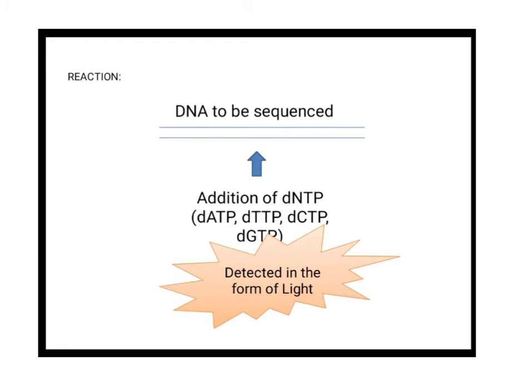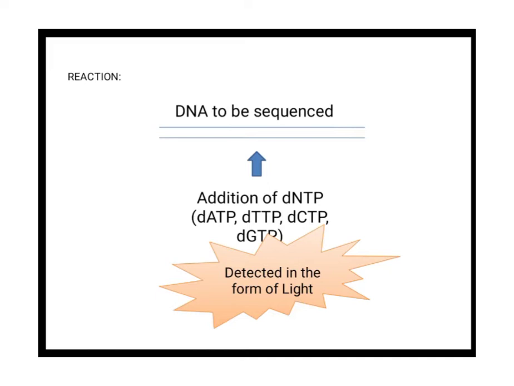In the sequencing reaction, initially you require a DNA sample which has to be sequenced, so this becomes your template, and to this sample you have to add the dNTPs. dNTPs are nothing but deoxynucleotide triphosphates. Now these dNTPs are very specific. We have 4 nucleotides, and for sequencing we need to make complementary strands, so for making the complementary strand you have to add the dNTPs.